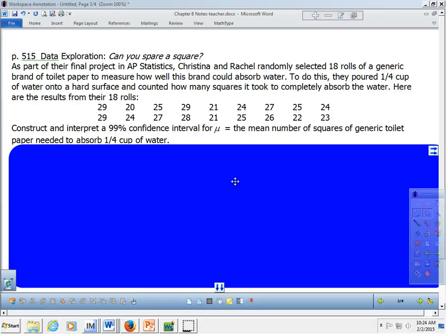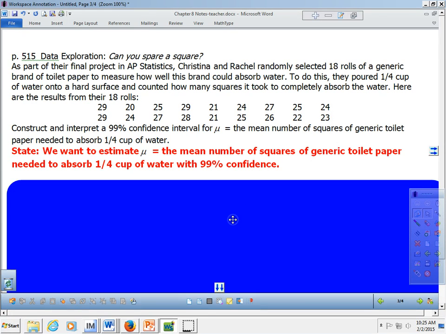But you want to think about all the work that you need to show in terms of those four steps. So whether you actually write out state, plan, do, conclude, and if you want to, you're welcome to, that's fine. Or if you just want to write things in wherever you find the space in any structure that you want, just do it in terms of those four steps, and that way you'll have all the work that you need to get full credit on each problem.